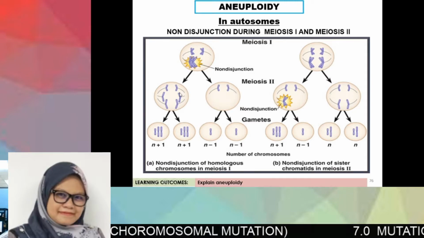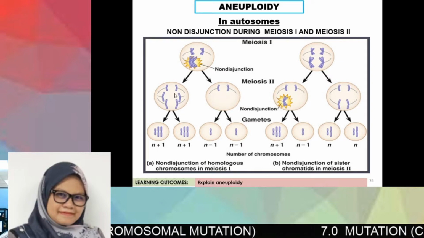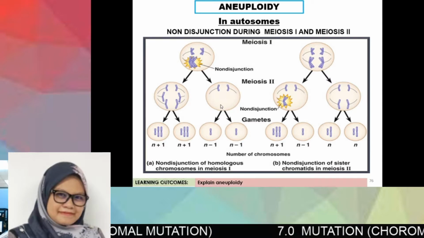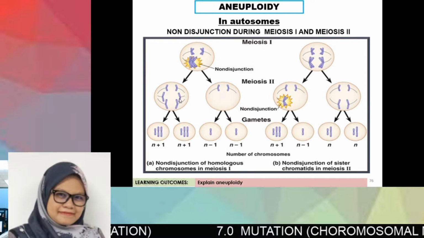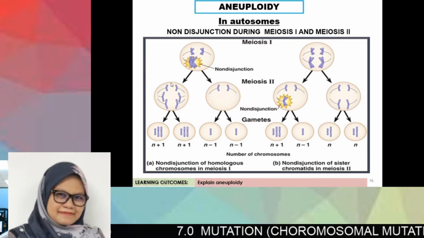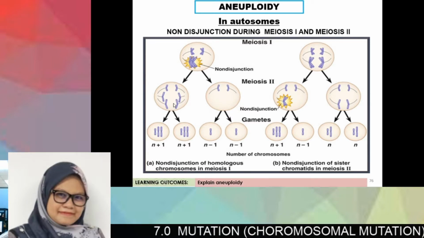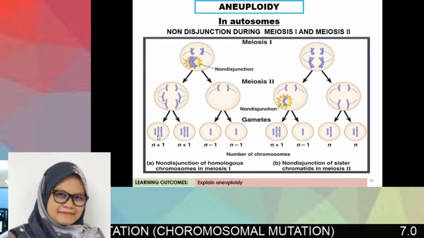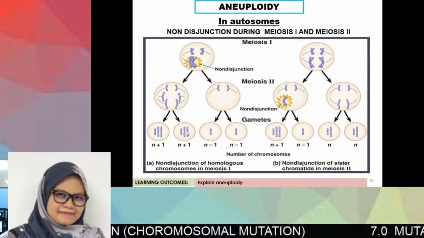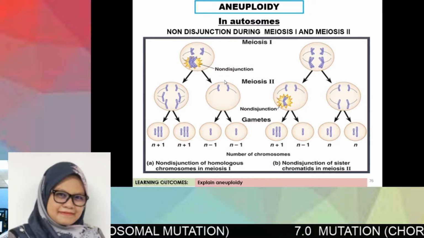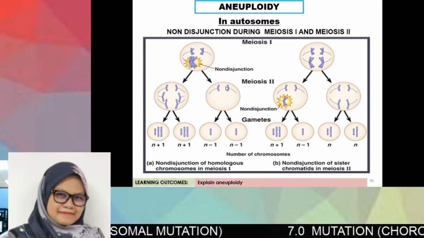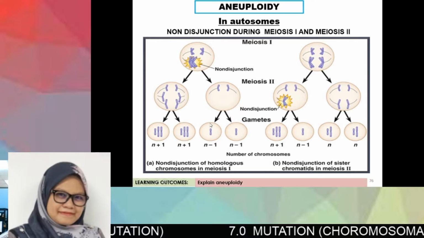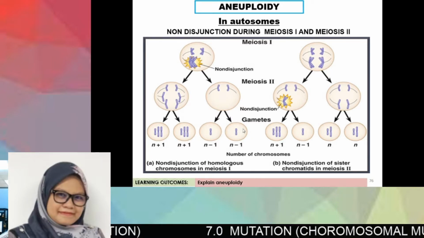Sepatutnya setiap daughter cell ini akan mendapat 2 sister chromatid. And then at meiosis 2, which is anaphase 2, tiada masalah yang berlaku. Ketiga-tiga sister chromatid berpisah secara normal. So dia punya gamete akan ada 3 kromosom. Berbanding pada daughter cell ini berlaku meiosis 2, setiap daughter cellnya akan mendapat 1 kromosom sahaja.